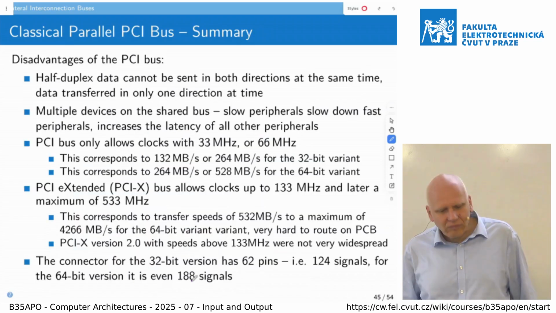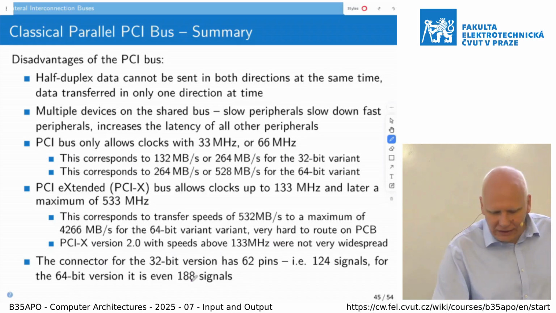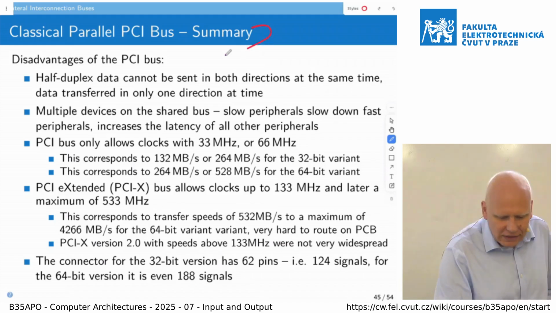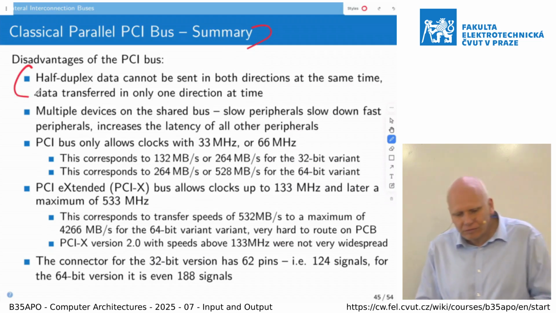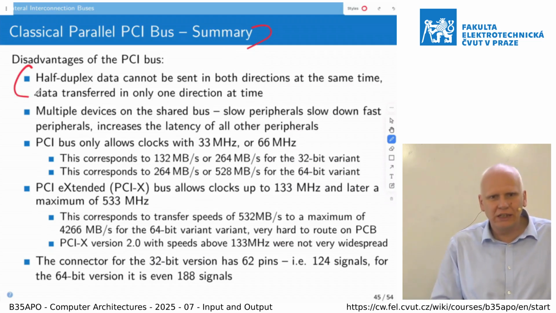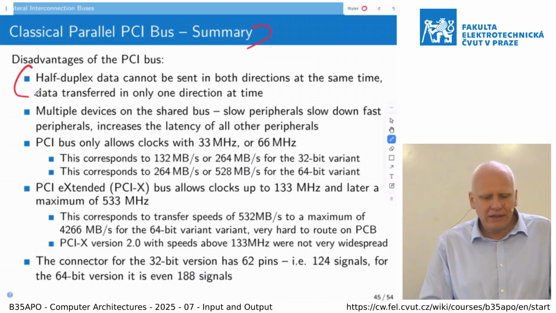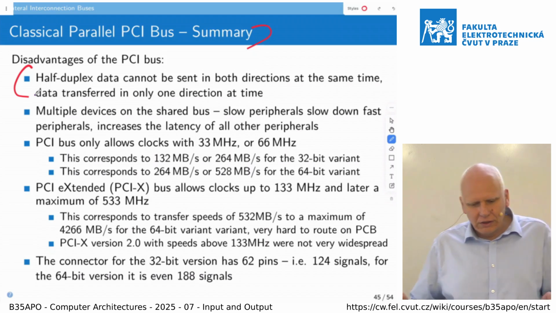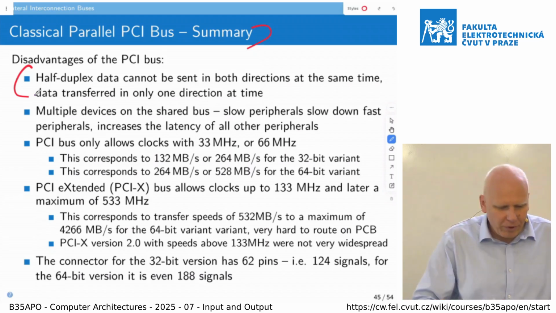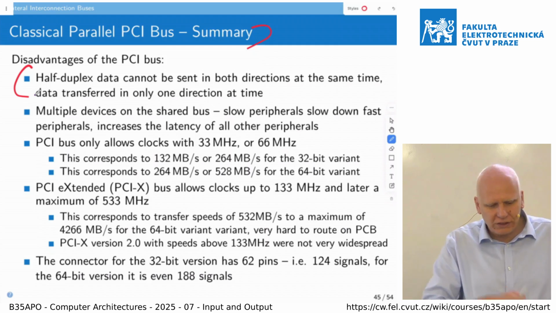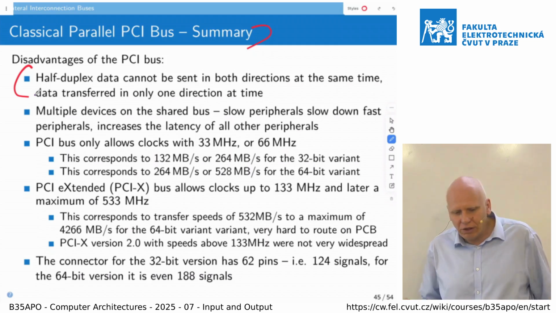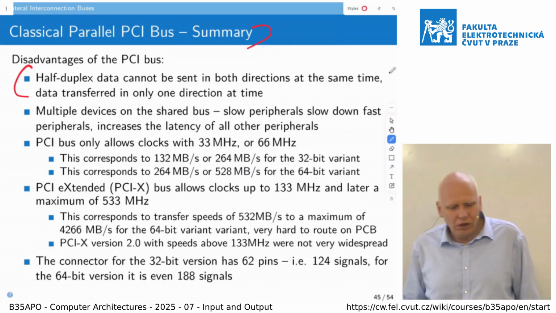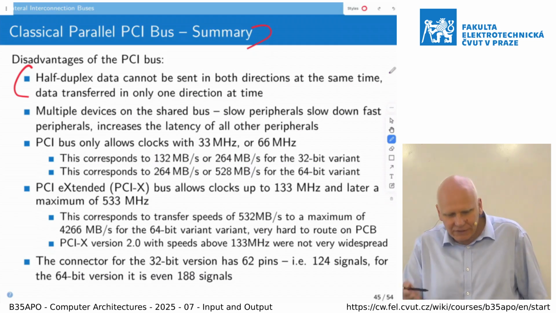Okay, what are the disadvantages of the classical parallel PCI bus? One disadvantage is that it is half duplex, so data cannot be sent in both directions at the same time. If, for example, you want to deliver data from the network to the memory and some other data from the processor to the display, then when the bus is blocked by one transaction, no other can use it at that time.